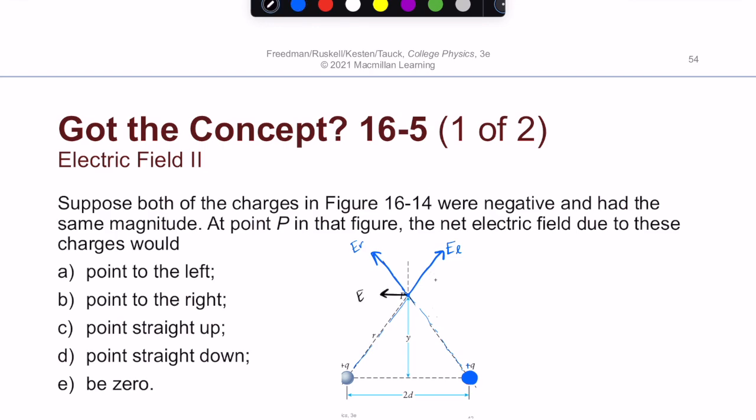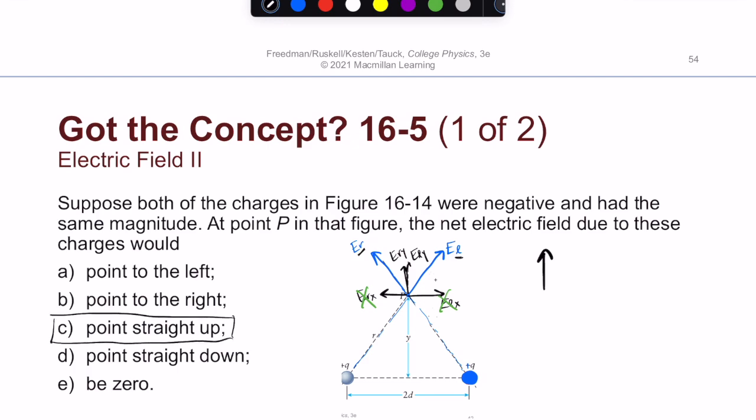You can see that the x components are going to cancel, and they're going to add up in the y direction. So the net direction is straight up.